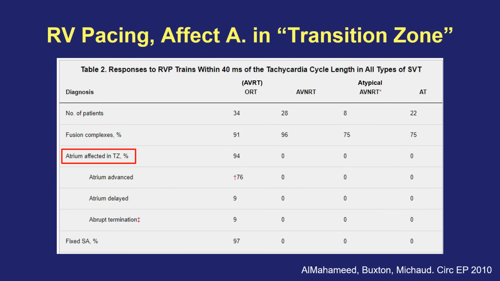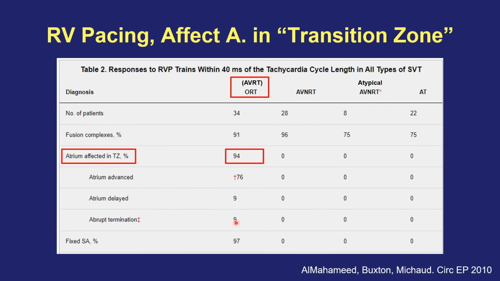If the atrium was affected during one of those fused beats or the first non-fused paced beat, then in AVRT cases, ORT cases, 94% of the time you saw an impact on the atrial timing. Either the atrium was advanced, like the example we just saw, or the tachycardia was abruptly terminated, like I showed in the preceding single beat example.